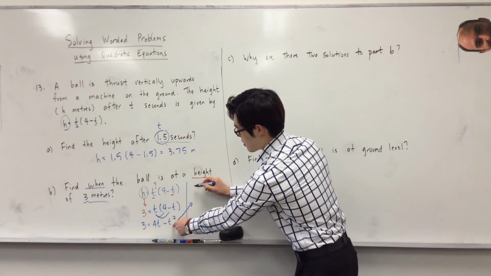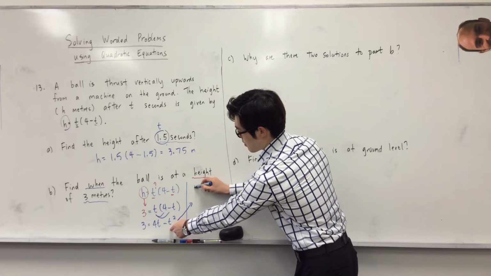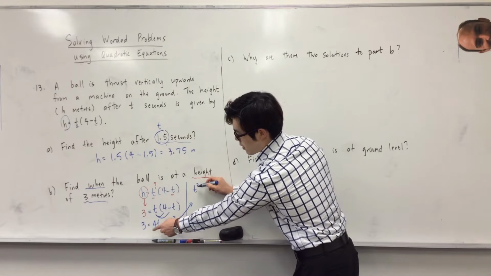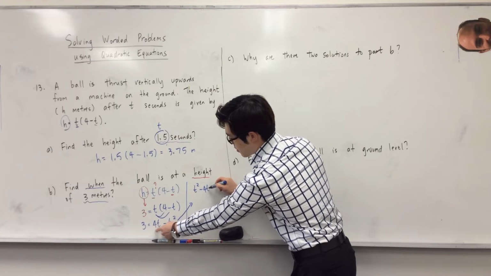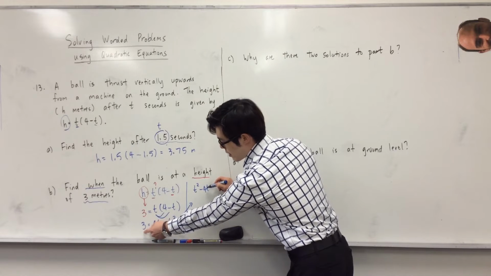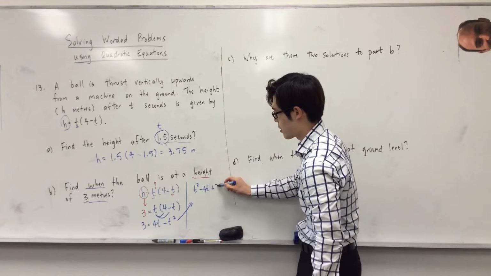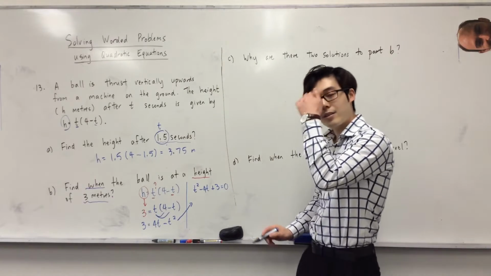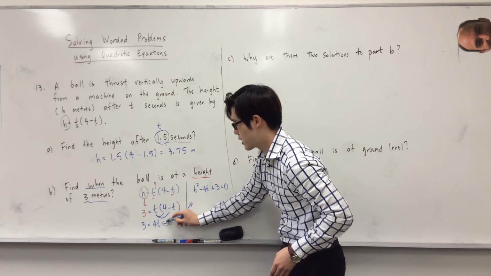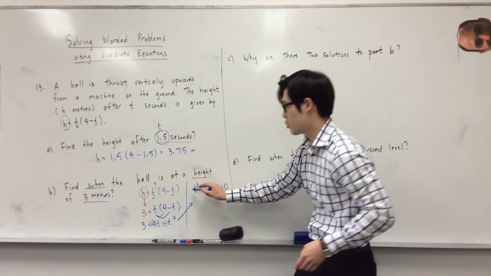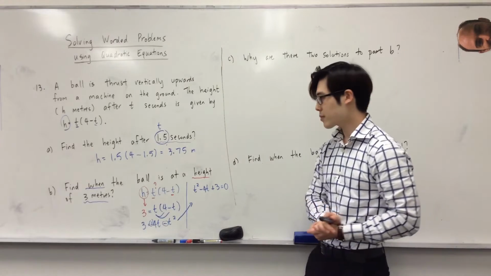So if I bring this to the other side, that becomes t squared, this becomes minus 4t, because that's a plus 4t right now, and this is just the same, plus 3 equals to 0. Can you see how I moved these two to the other side here? All I did was change the signs of these two into plus and minus.